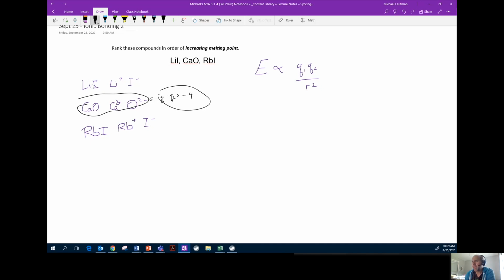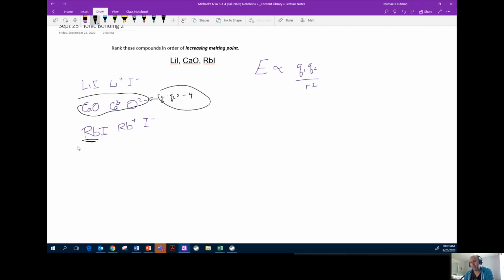Also, in the next one, both lithium iodide and rubidium iodide, the product of the charges is 1 or -1. So then it becomes a matter of judging the size. Remember, the smaller the internuclear distance, the closer together those particles are, the stronger the attraction is going to be. Rubidium is significantly bigger than lithium.